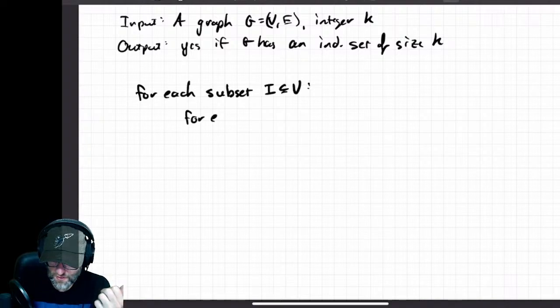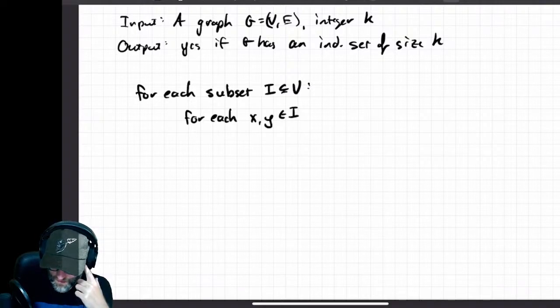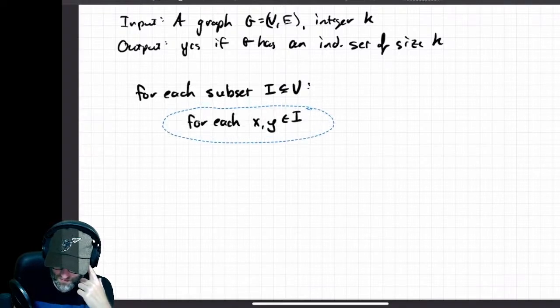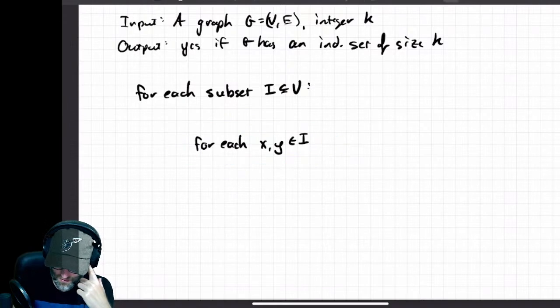So for each pair of vertices, x and y, in that independent set, in fact, let me give myself some more room here. There we go. I'll make a flag variable here, is I set there. And we'll assume that it's true, right? Until we find that it's not.